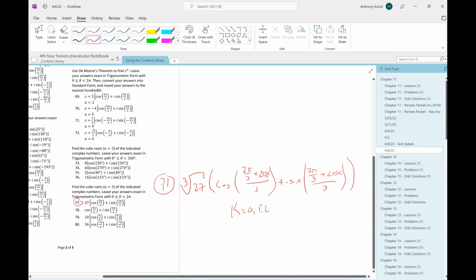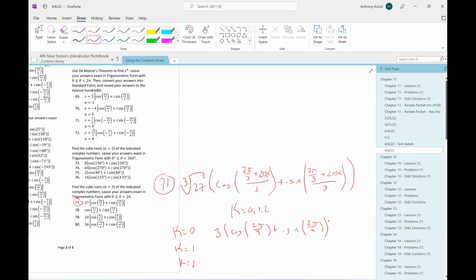Cool there? All right, so I have 3 answers for when k equals 0, 1, and 2. When k equals 0, I basically just have 2 pi over 3 divided by 3, which is 2 pi over 9. And notice that it asks for an exact answer in trigonometric form, so I don't want to convert that to a decimal.